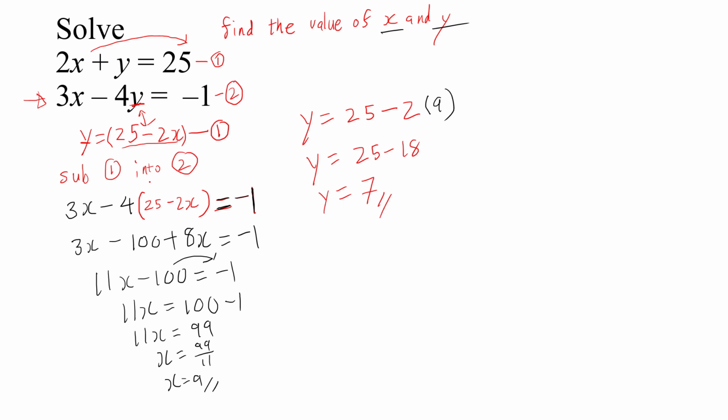Then you can do a simple substitution, replacing the value. Now, just one last thing. We can check our answer to see whether we are correct or wrong. Since I used the first equation to get the value, we can do a check using the second equation.